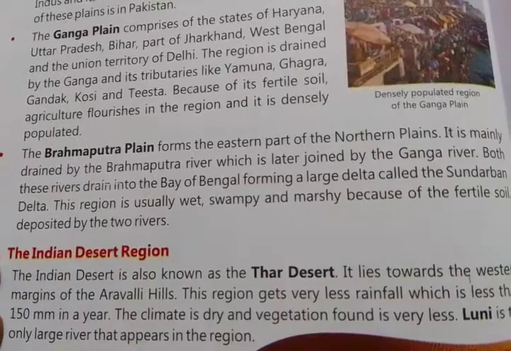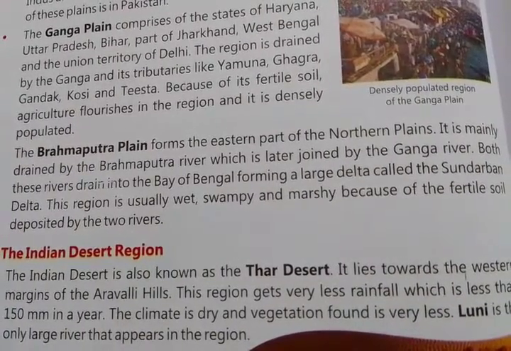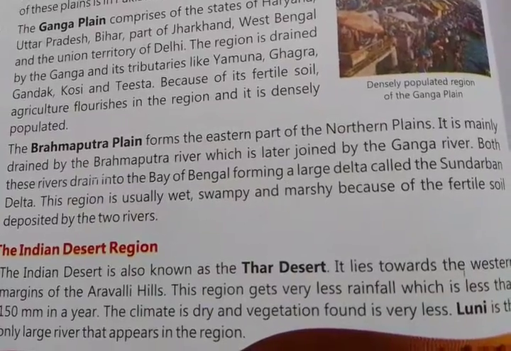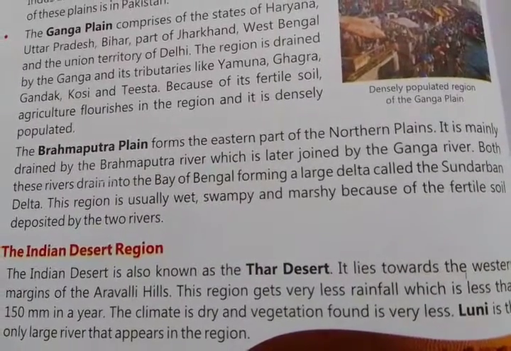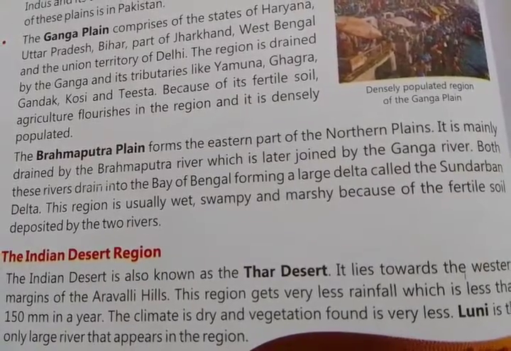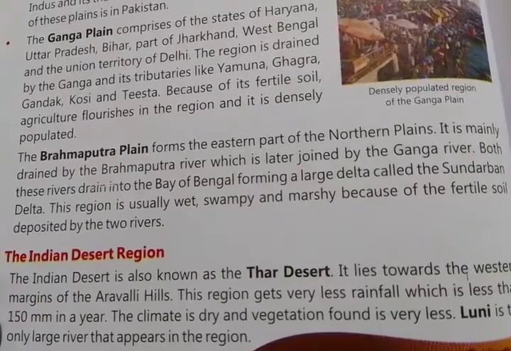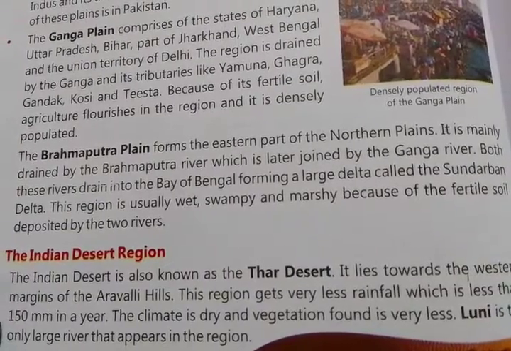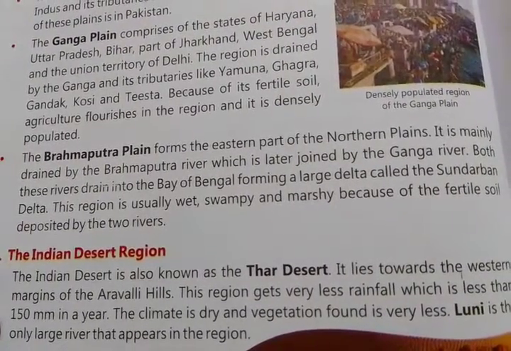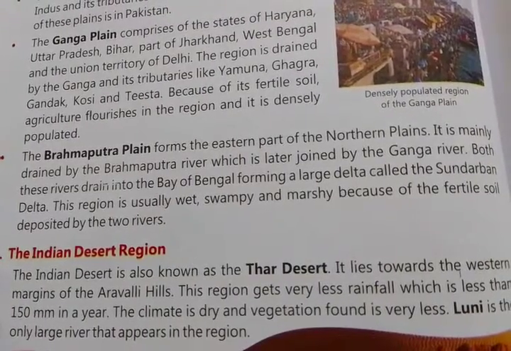And because of its fertile soil, agriculture flourishes in the region and it is densely populated. Because you know that agriculture is the main occupation of the people of India. So as this part is agriculturally flourished, it is densely populated.